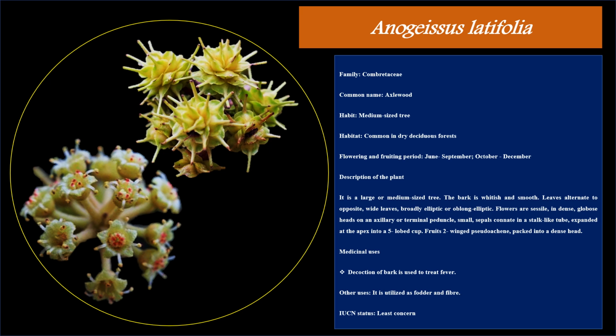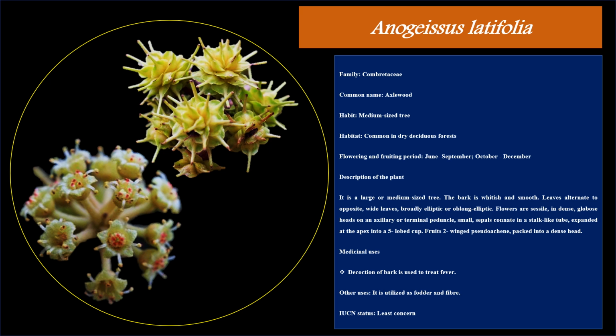Then comes our Anogeissus latifolia. Anogeissus latifolia is a medium-sized tree, and the family is Combretaceae, and its common name is axlewood. It is mainly found in dry deciduous forest areas. The flowering and fruiting season is mainly from June to September, and the fruiting period is October to December, and it has varied medicinal uses.